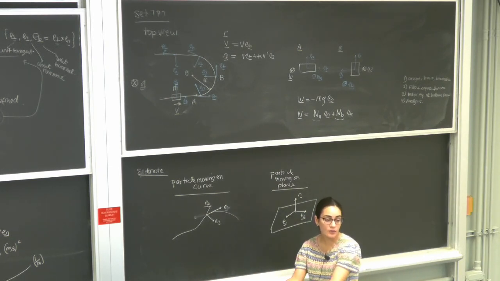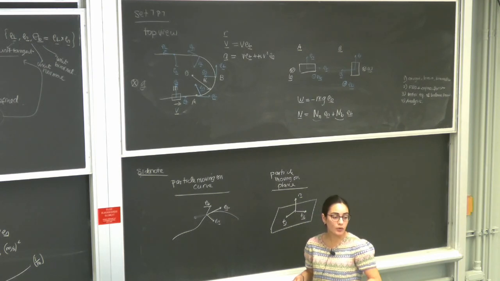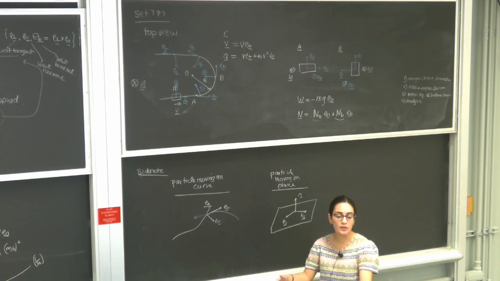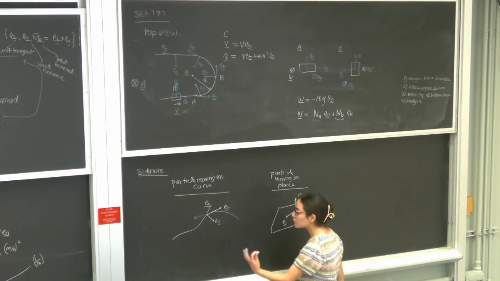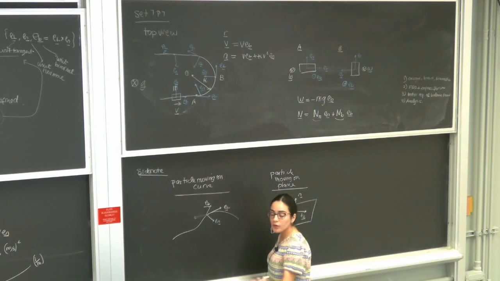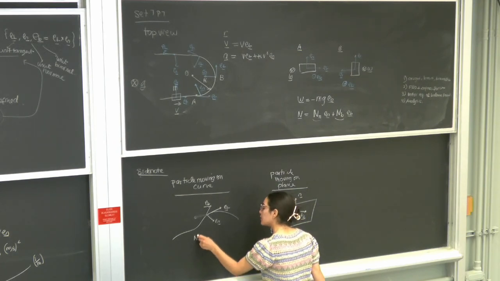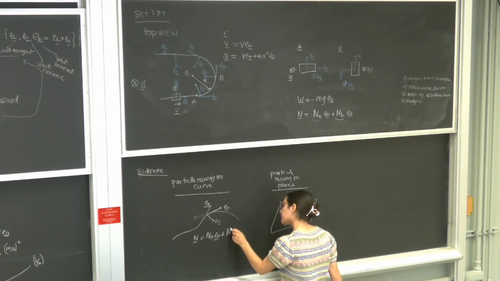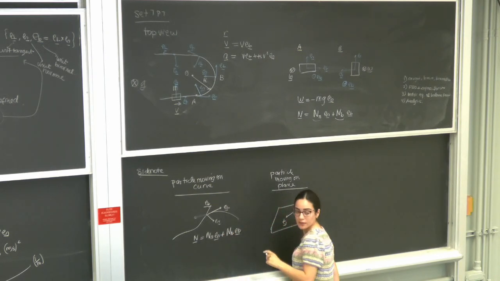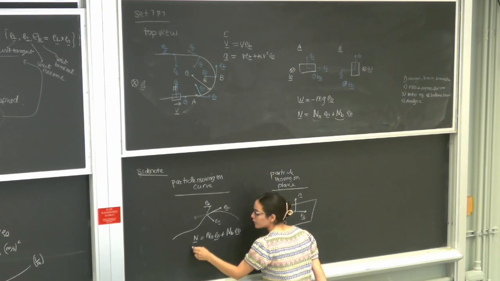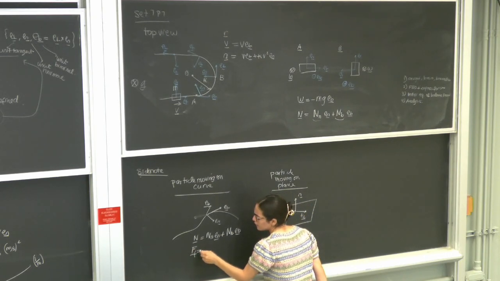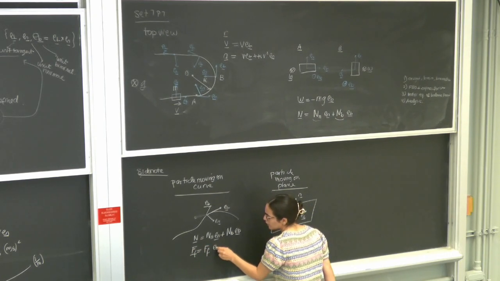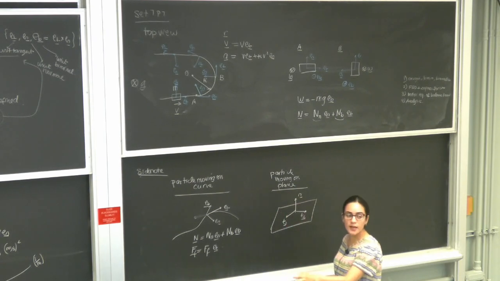It's moving along the curve in 1 dimension. One coordinate along the curve gives us the location of the particle. So 2 components of the normal force are needed to enforce this constraint. So N, the normal force, has components along En and along EB. And if we had a friction force, that would have components just along ET, along the direction of motion.